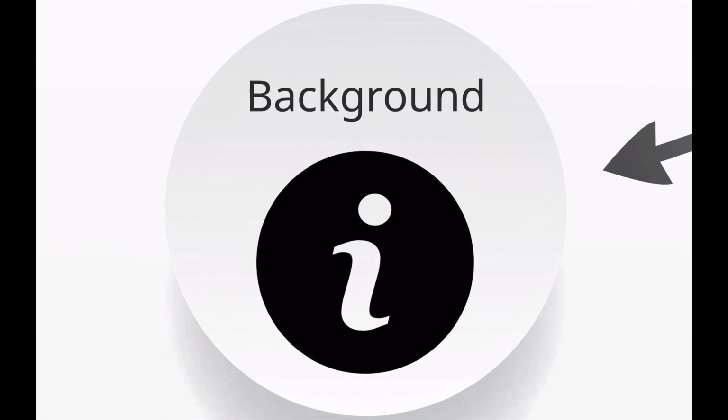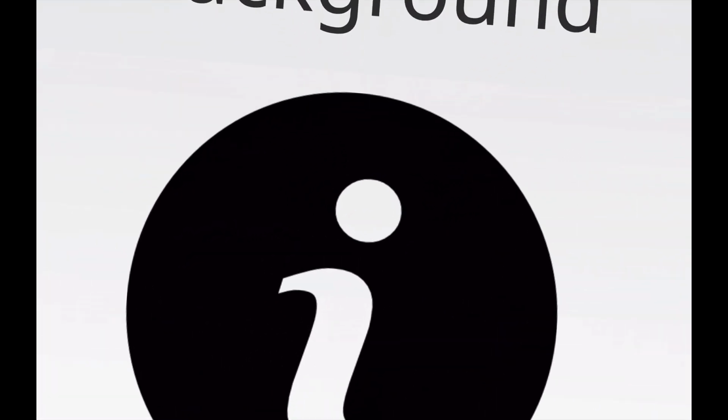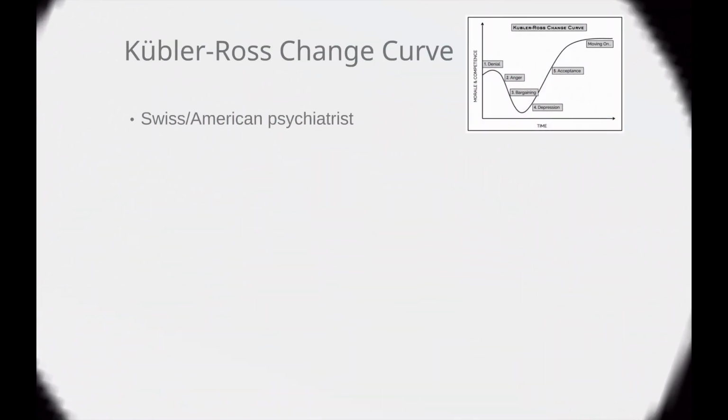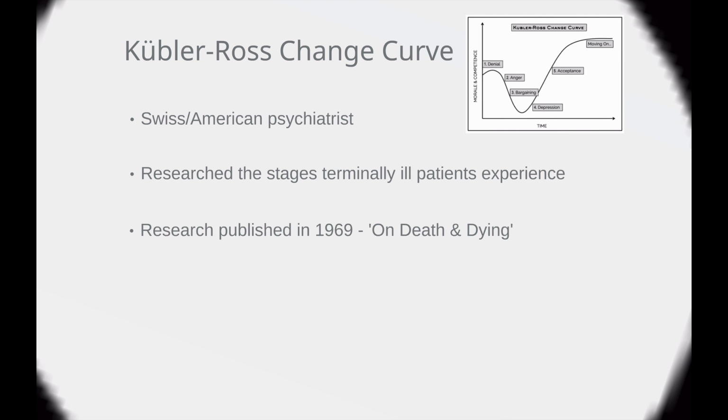So let's have a look now at a bit of background to the change curve. The change curve was actually created by a Swiss-American psychiatrist called Elizabeth Kubler-Ross. She researched the stages terminally ill patients experience once they've been given their diagnosis. She did lots of research and published her book on death and dying in 1969.